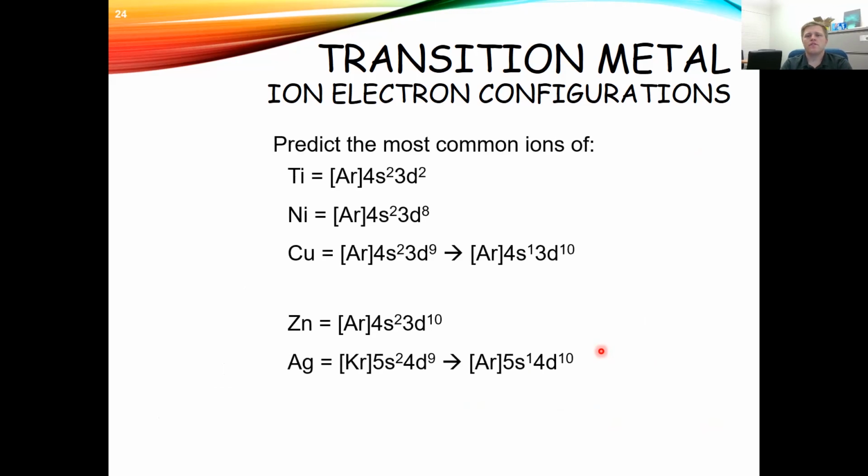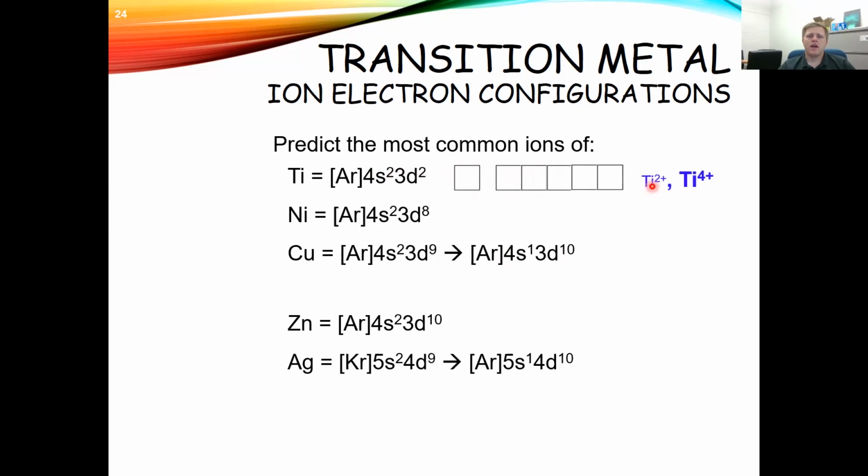All right, so let's look at a couple more examples. For titanium, it has an electron configuration like this, where it's got 2 electrons in the 4s orbital and 2 in 3d orbitals. So its box notation is going to look like this. So titanium can either give up its 2 s electrons, or it can give up its 2 s electrons and its 2 d electrons.